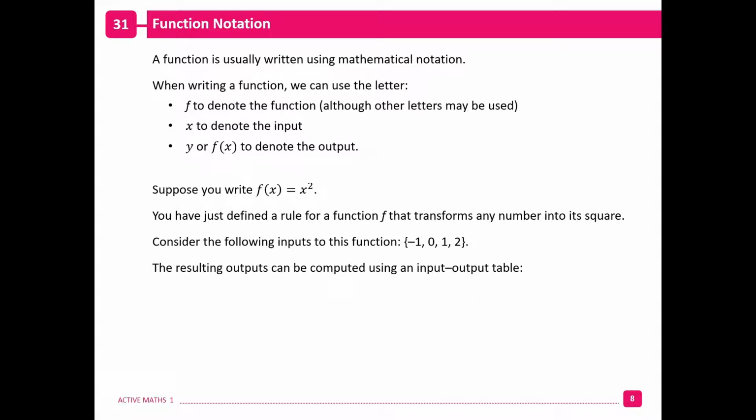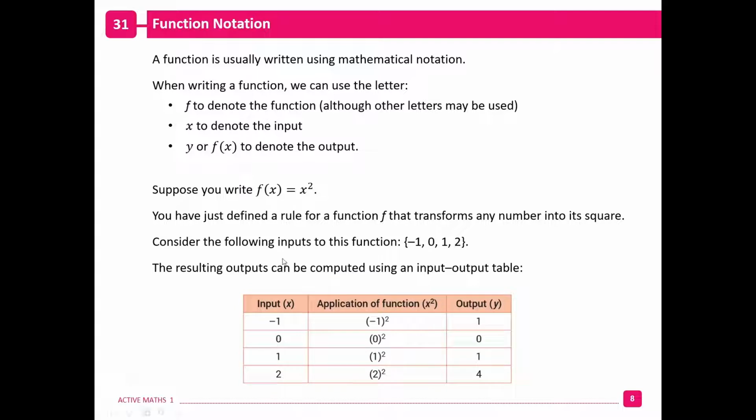Let's use an input-output table like we learnt in the previous video to show our outputs for this function. Remember, you have 3 columns. We have our inputs, which we're now learning today, we also denote with the letter x. Then we have our rule, which is simply what we do to our input in order to get our outputs.